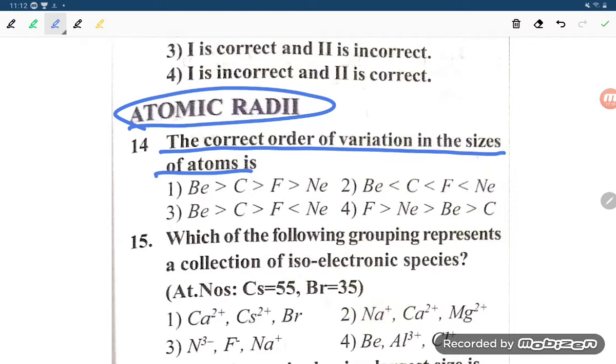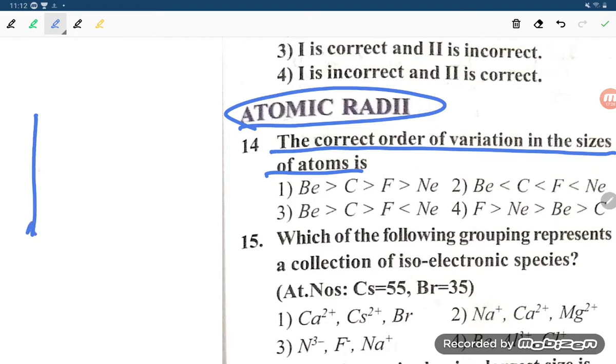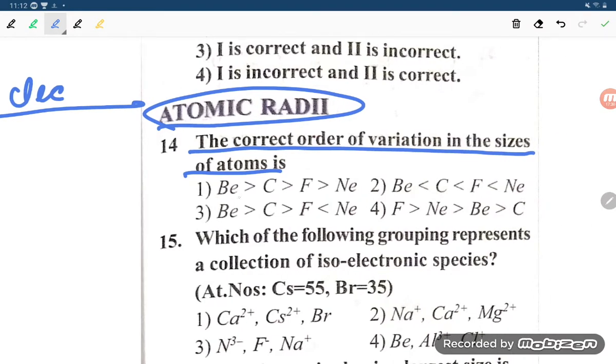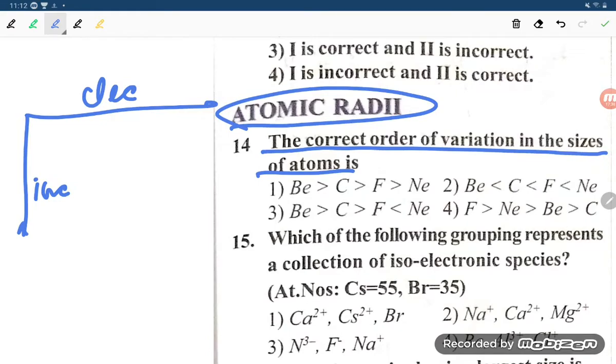Down the group it increases and left to right it decreases, right? So student, what are the options? Beryllium, carbon, fluorine, neon.